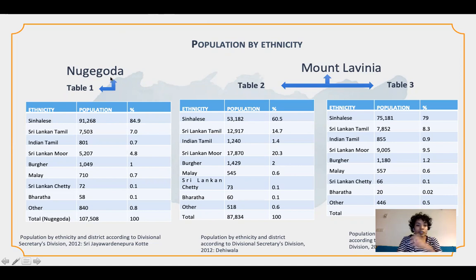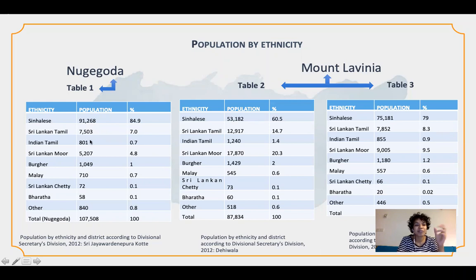So let's look at Nugegoda. I unfortunately have only the 2012 latest census in English that has been released. Certain departments are not so forthcoming with their publications. They're not freely available, let's say, when it comes to particular departments, right?